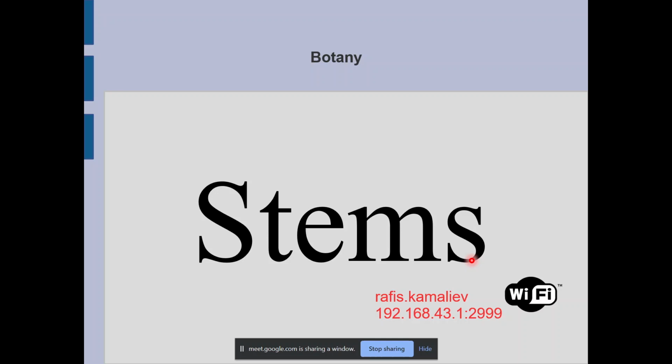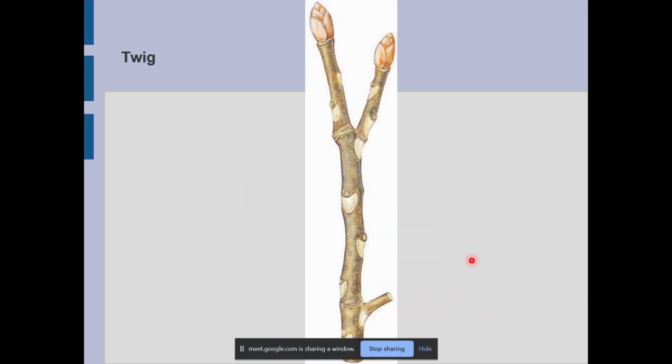And the third function of the stems is that they also produce new tissues, and usually stems continue to grow throughout their life, and they do that by forming the buds.